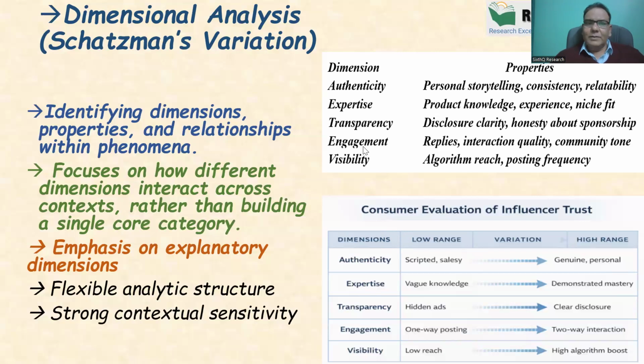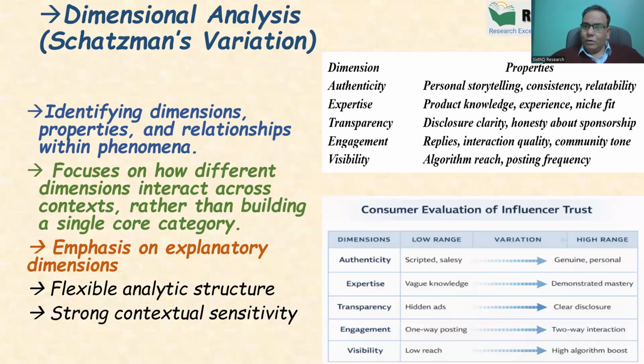So this concept is known as dimensional analysis. After this grounded theory approach, you have the dimensions measuring some phenomena, and these can be converted into a model. For example, you can say these dimensions can have an impact on customers' attitude or customer purchase intention.